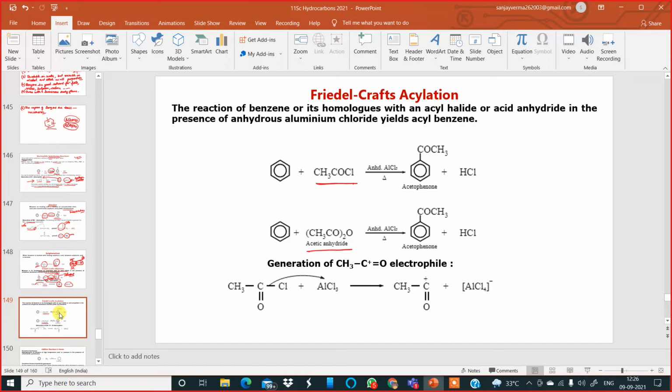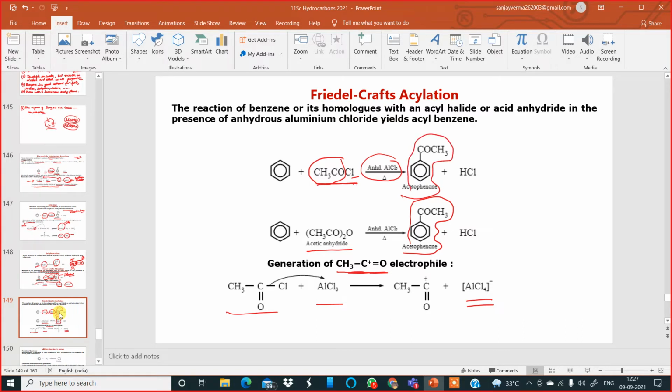Here this part forms the electrophile, going with the aluminum chloride, the Lewis acid, to form AlCl4 minus. The mechanism is here already, have a look at this. It generates the electrophile CH3C plus O, which forms acetophenone with acetic anhydride. Here also it forms acetophenone with acetyl chloride.